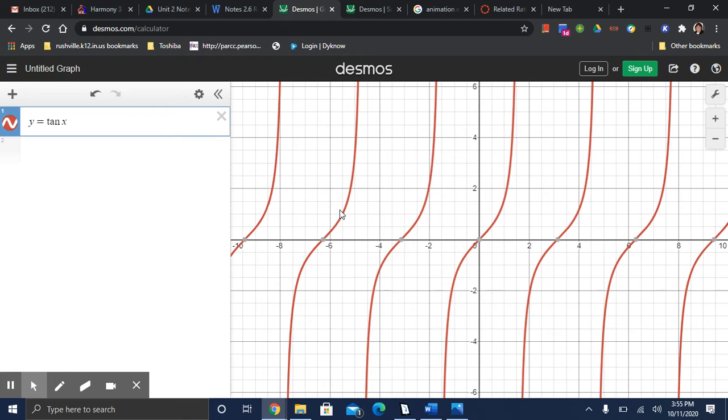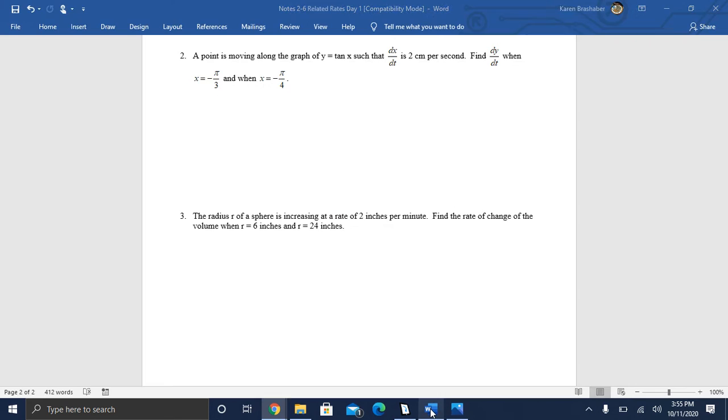So I'm going to get back to my problem. We don't really have a diagram that we need to draw for this one. We can just start working on the derivative.